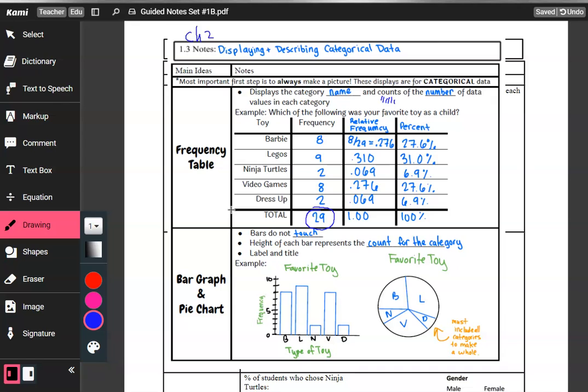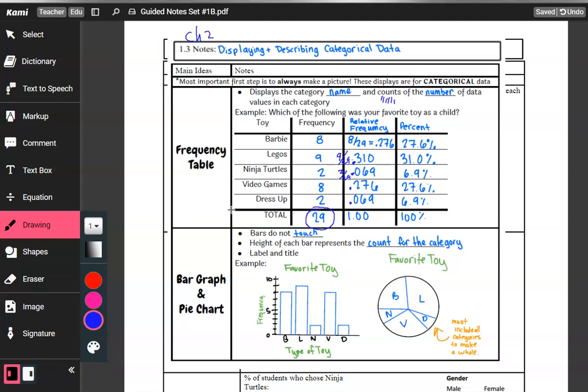Relative frequency. To get the relative frequency, you're going to have to divide each of these numbers by the total. So here's an example: 8 over 29. Then it'll be 9 divided by 29, 2 divided by 29, and so on. And you get some decimals. However, with relative frequency, you could display them as a decimal or as a percent.